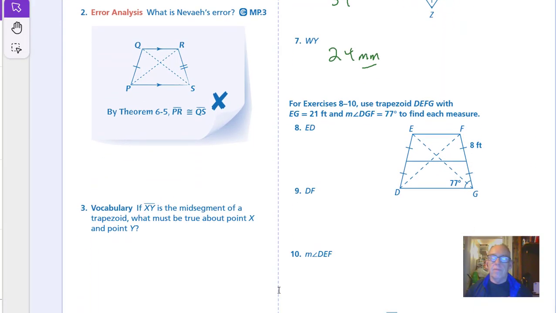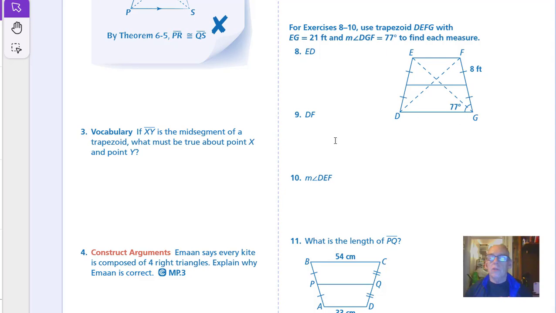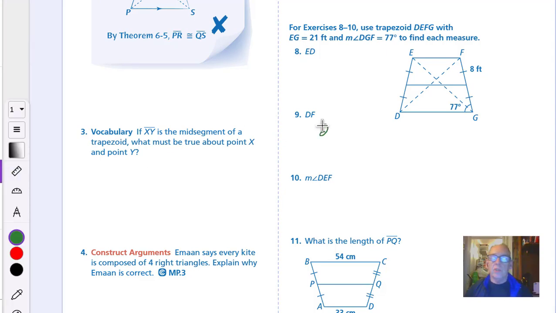Let's move up. Okay, we're going to use this trapezoid for 8 through 10. EG is 21. So this distance is 21. So if this is 21 in this isosceles trapezoid, DF must also be 21. So we've basically got the question number 9 answered. And they're saying feet.